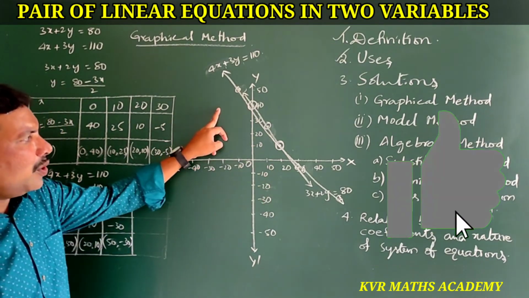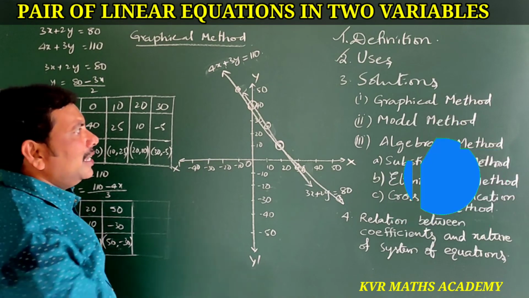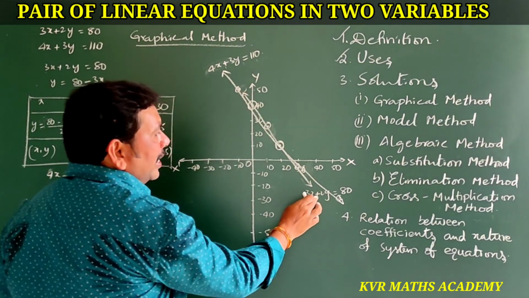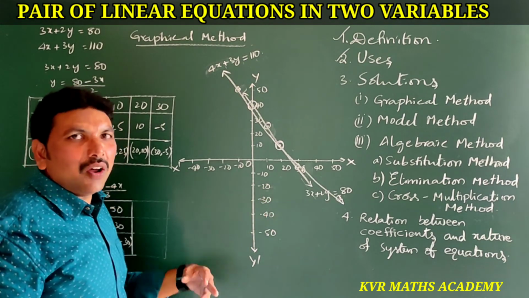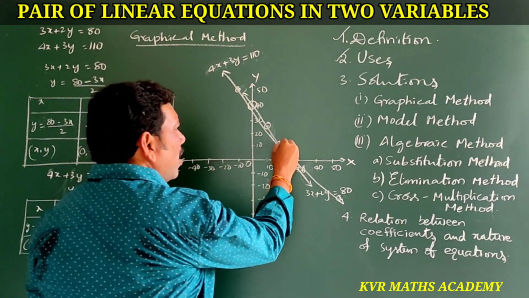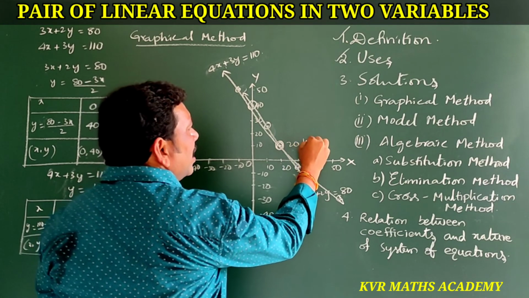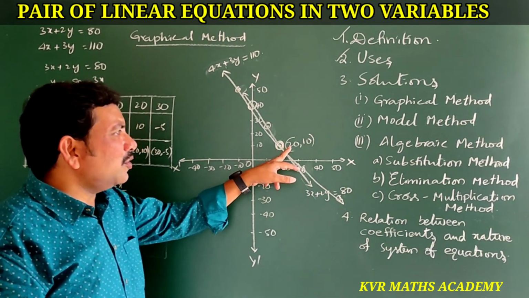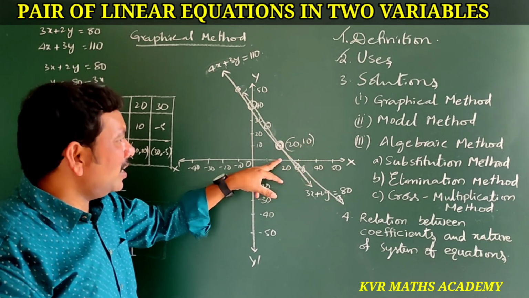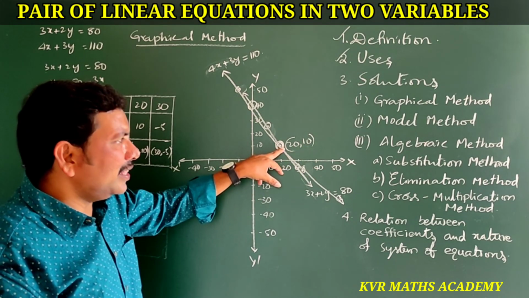So these both are intersected. See, the lines 3x plus 2y is equal to 80 and 4x plus 3y is equal to 110 intersect at the point 20 comma 10. That's why x is equal to 20 and y is equal to 10, because they intersect at this point.